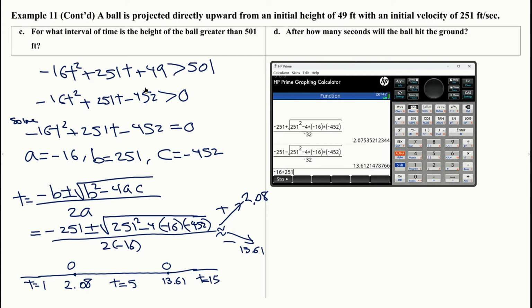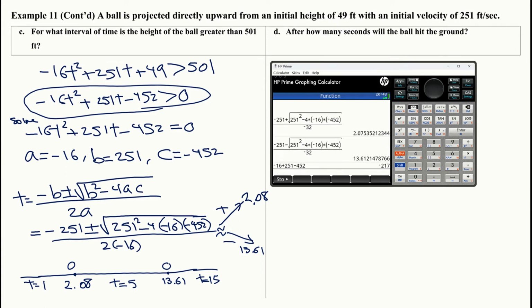251, and then remember we're in this equation, right? Be very careful not to go there. You're right here. Focus on this. And then 251 times 1 is 251 minus 452. So all I care about is the fact that the sign is going to be negative, okay?